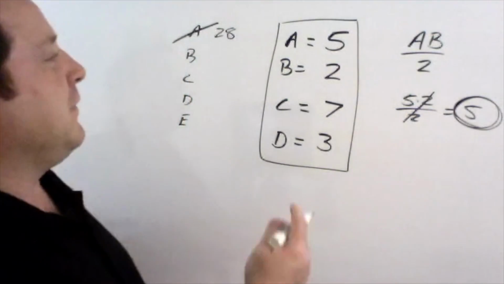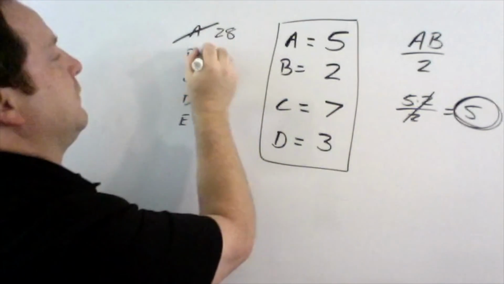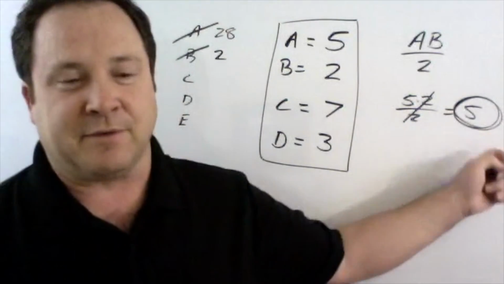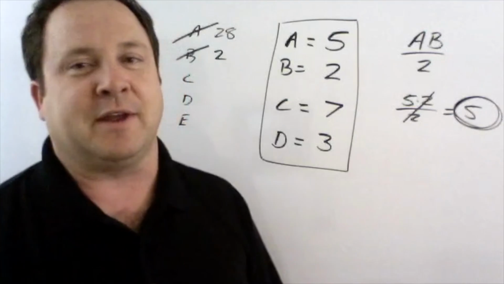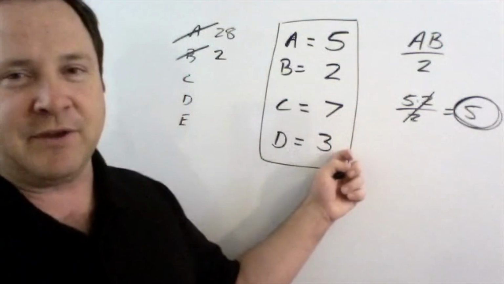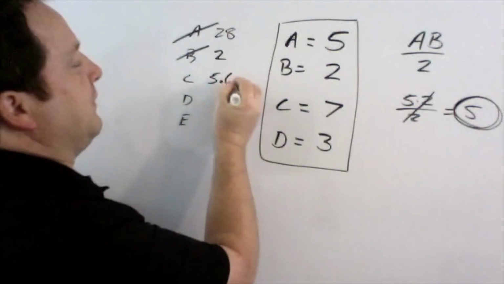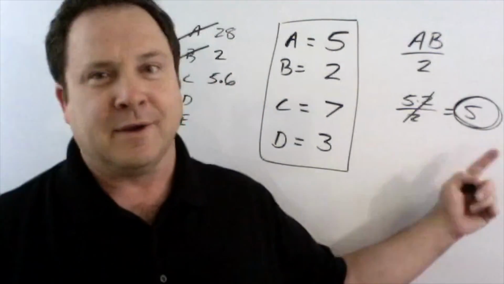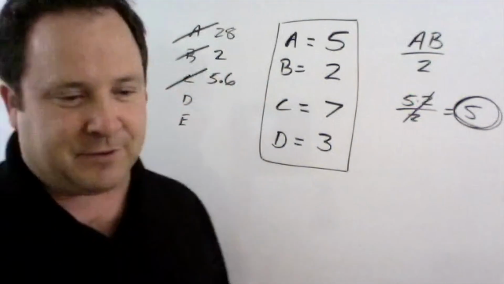B is c minus d over 2, so 7 minus 3 is 4, over 2 is 2, but not 5. On to C. c squared plus d squared over c plus d. Well, that'll be 49 plus 9 over 10, and that'll be 5.6. That was close, but this is not about close. This is going to give us an exact result, so not the right answer.